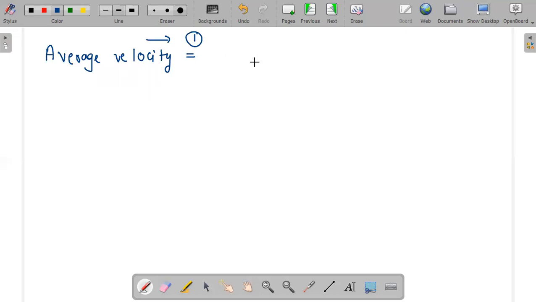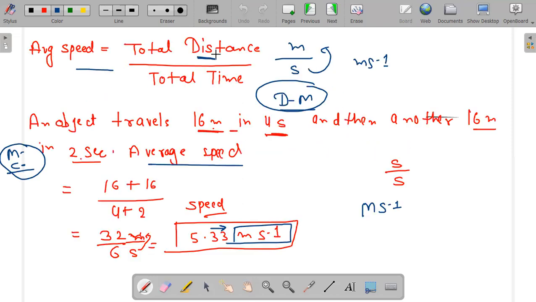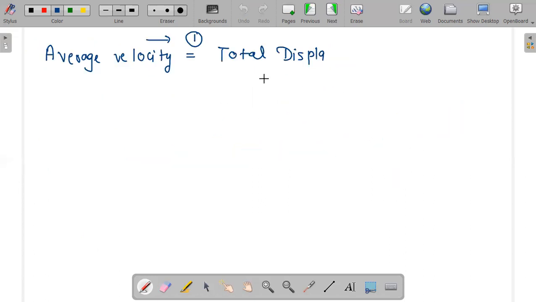First formula is total displacement. As from total distance, I'm writing total displacement upon total time.